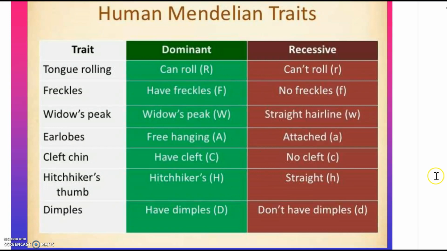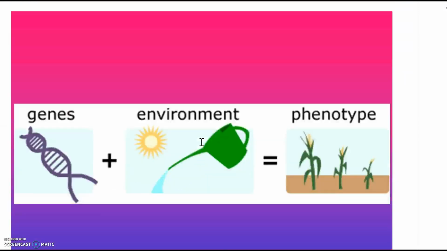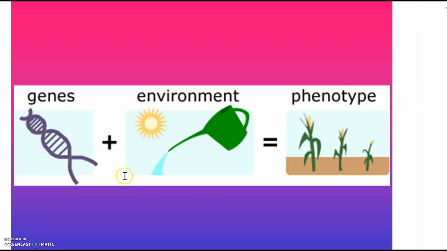But there are a few that follow this inheritance pattern, and understanding this basic pattern can help us understand how the more complex ones work. And the other important thing to keep in mind is that whatever genotype we have, the ultimate phenotype is a combination of the genes and the environment interacting with each other. So it's really much more complex than anything we're going to learn here.